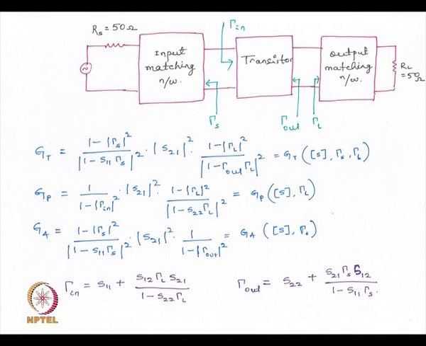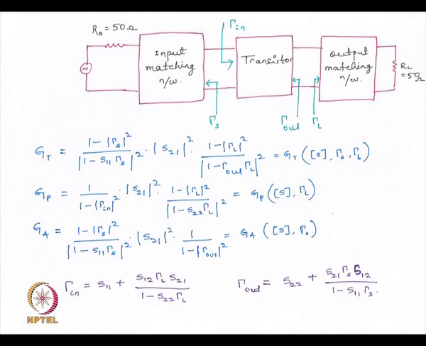Now, you might ask me, what is the problem with GT? See, GT, if you notice carefully, is a function of this gamma out term. But then gamma out itself is a function of gamma S, isn't it?